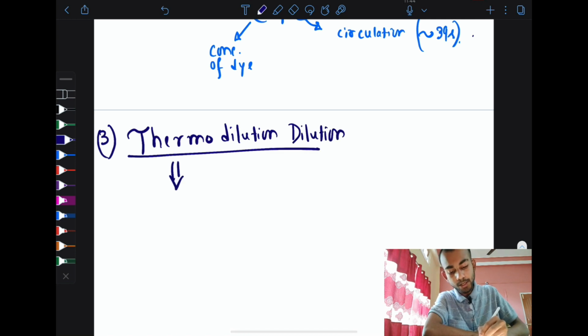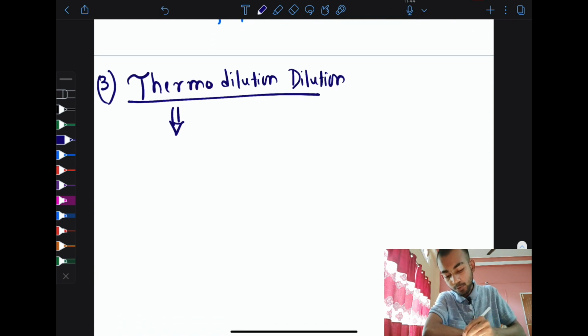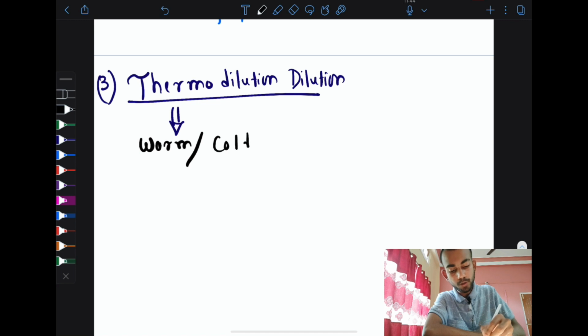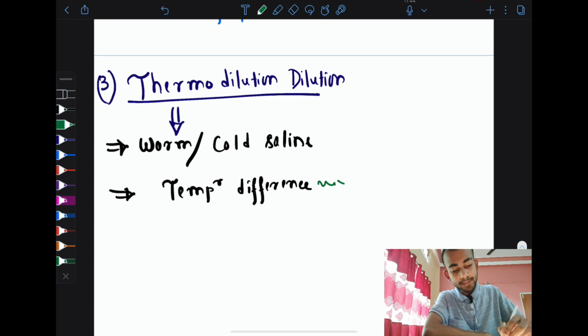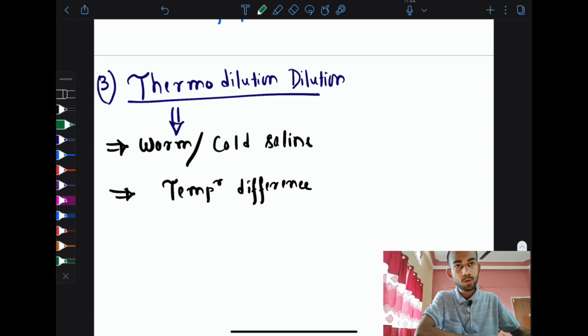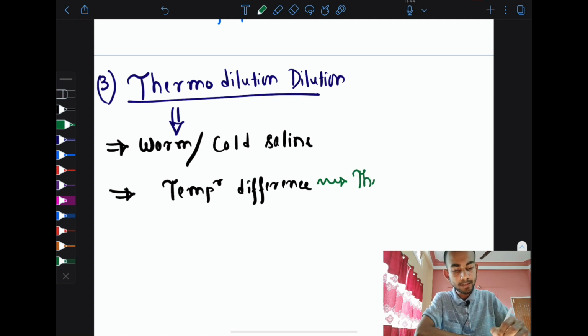In this technique, instead of using any dye, we use warm or cold saline, and instead of using the concentration in the blood, we measure the temperature difference. How is this temperature difference measured? It is measured by thermistors, right?